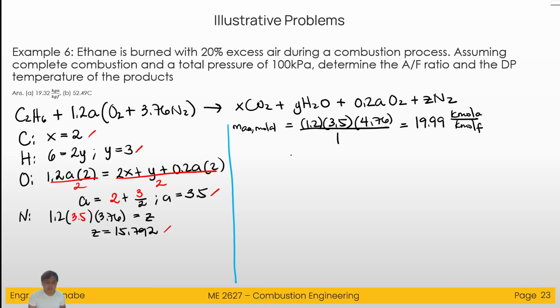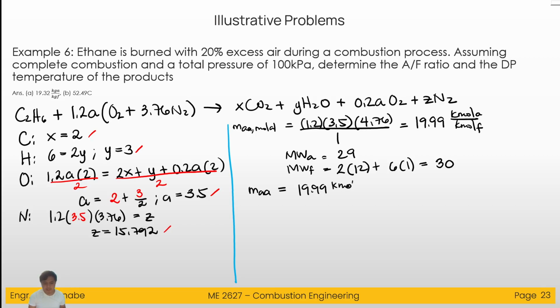Now to determine the air-fuel ratio on a mass basis, we have to multiply by the molecular weights, no? So molecular weight of air over molecular weight of the fuel. The molecular weight of air is around 29. Molecular weight of fuel is 2 times 12 plus 6 times 1, so this will be equal to 30, no? So you have 19.99 multiplied by 29 over 30.